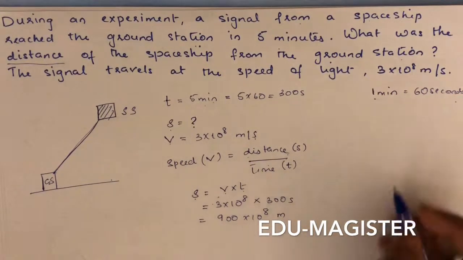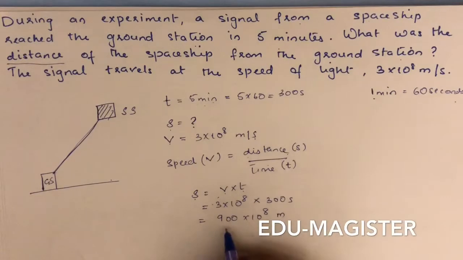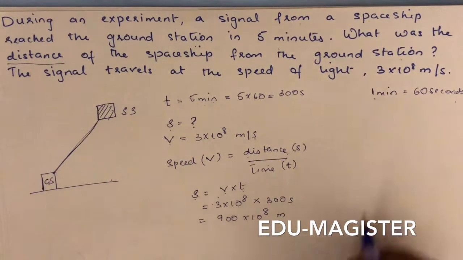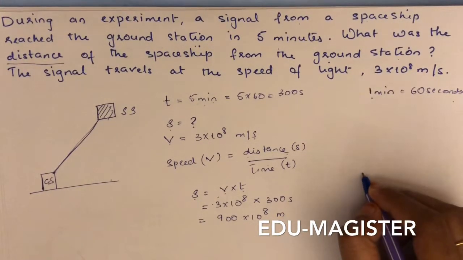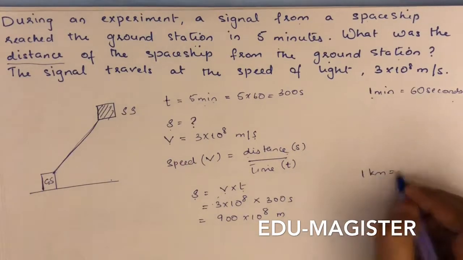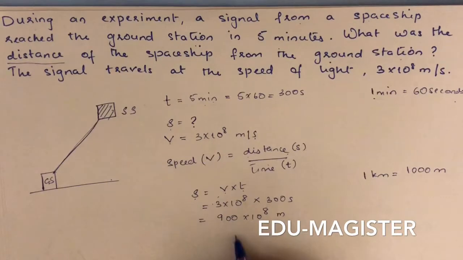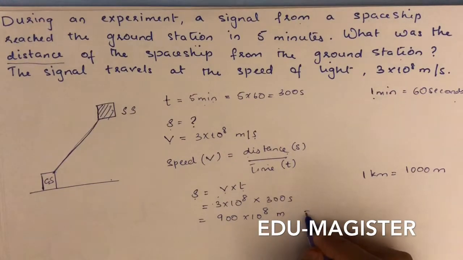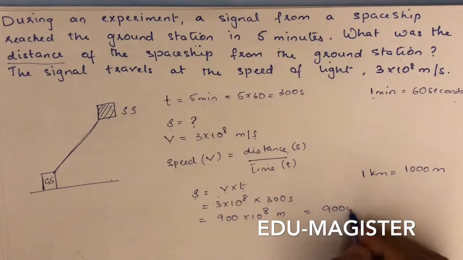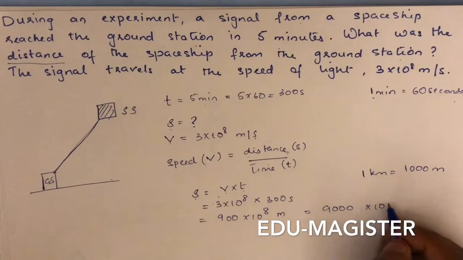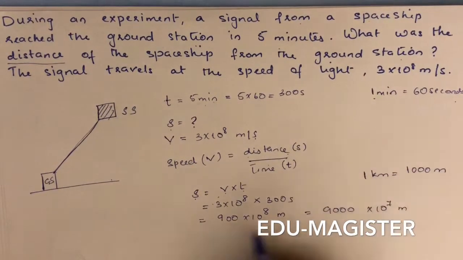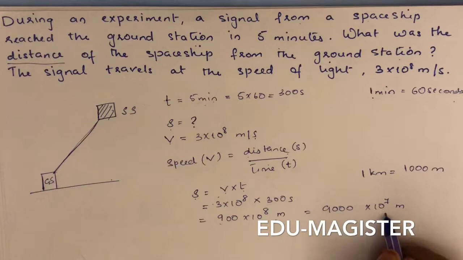Now, either you can keep your answer in this form or else we know this conversion. 1 kilometer is equal to 1000 meters, right? So let's rewrite this. Can I write this in this form?